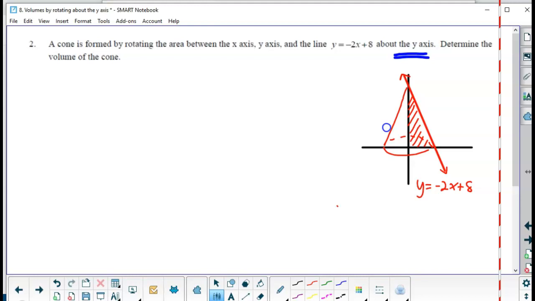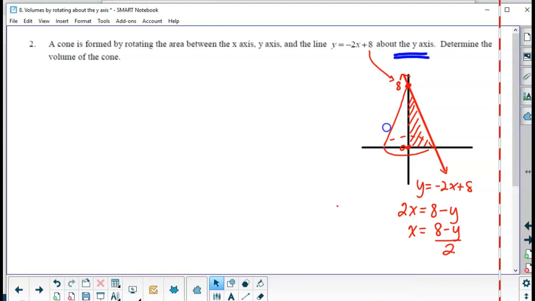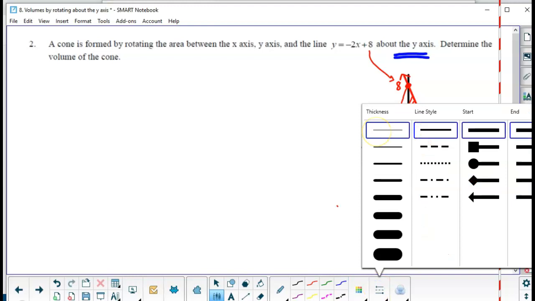I'm going to bring the 2x to the left, and you can even go 8 minus y if you don't want the first term to be negative. And then solve for x. Then you're going to go from 0 for y up to the y-intercept. Well, we can tell what the y-intercept is. It's 8.